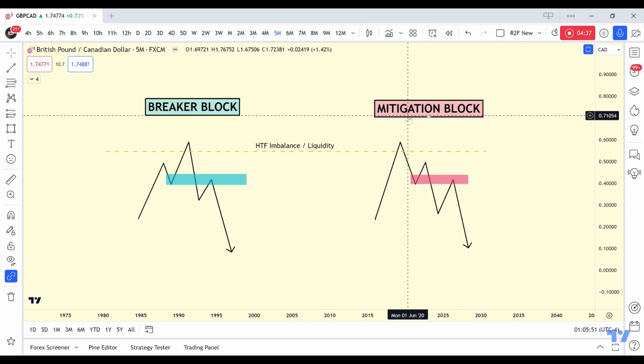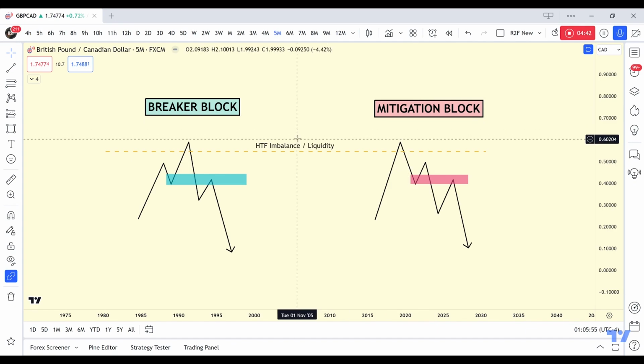As you should know by now, if you're already learning about PD arrays such as these, the market moves from one area of liquidity to another.